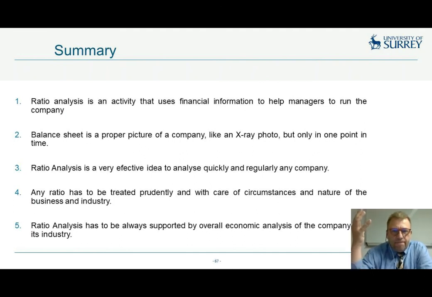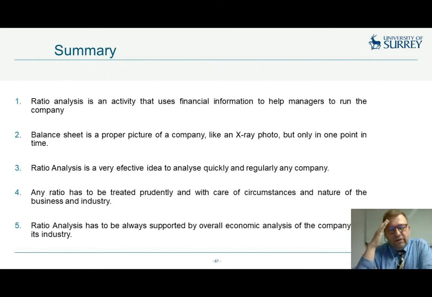Because we use the data from the financial statements, and we use basically the balance sheet and the profit and loss account, and we know that the balance sheet is a proper picture of the company, like a photograph, but only at one point in time, on a yearly basis most likely.